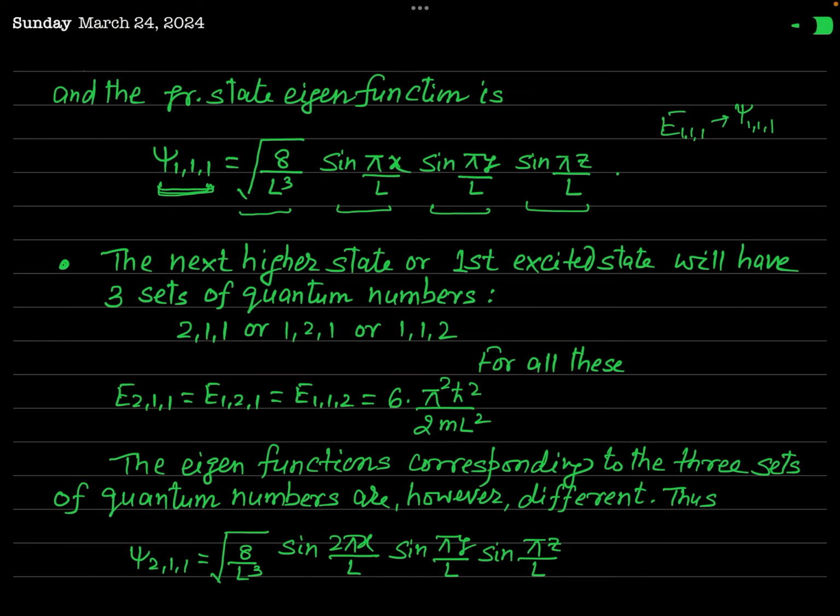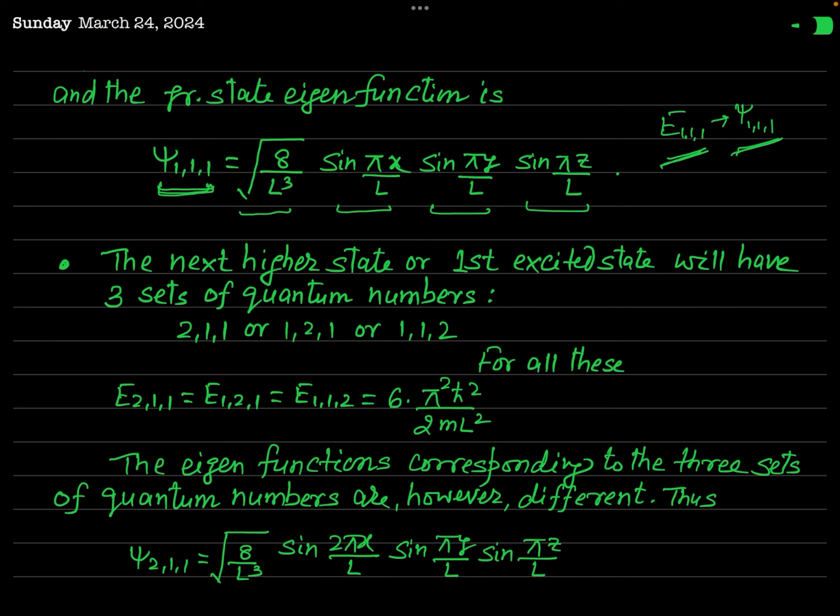And you know, the number of eigenstates or quantum states corresponding to a given energy eigenvalue is called degeneracy. Since here there is only one eigenstate, this state is called non-degenerate.